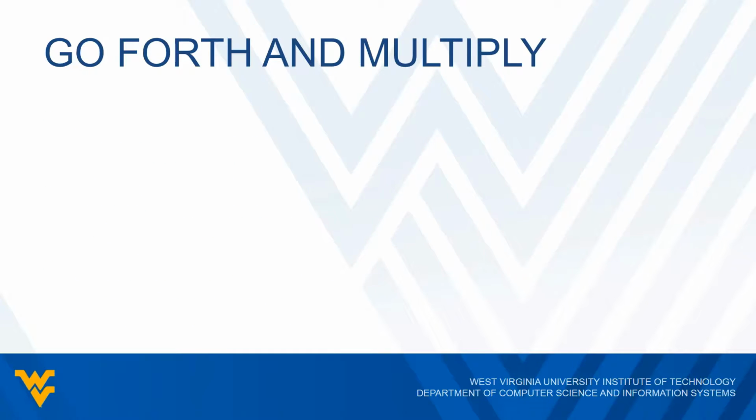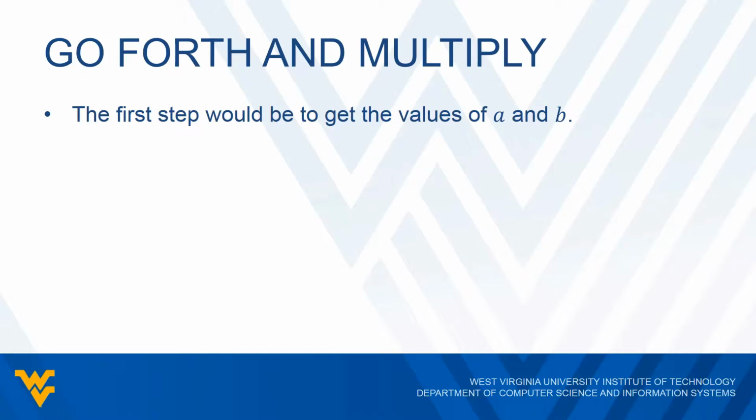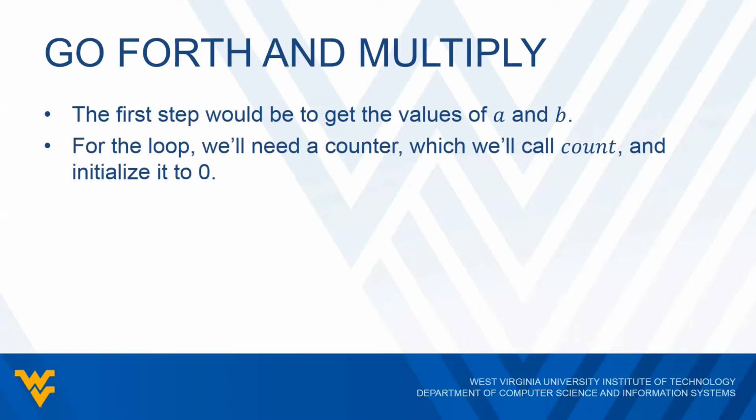The first step of our algorithm is going to be to get the values of a and b. We need some input. We need to know what a and b are initially. Now, what about the loop? Well, if we're going to have this loop run exactly b times, we need to keep track of how many times we did go through the loop. So we need some form of counter, and we're going to call it count in this case. We're going to have a variable called count, and we'll initialize it to 0.